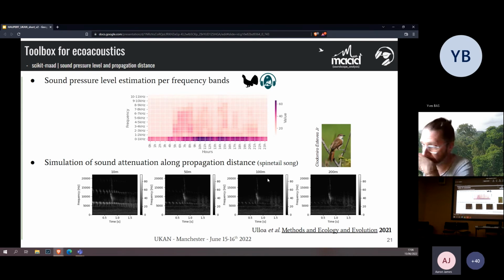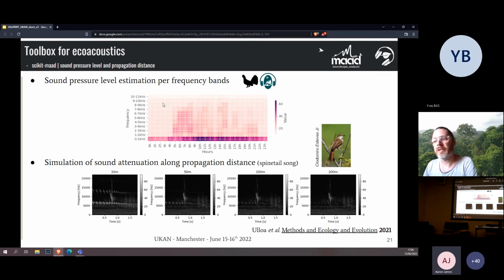And here is an example. To estimate the sound pressure level, on this graph we can observe the average sound pressure level per frequency band from 0 to 10 kilohertz or 11 kilohertz in this case.